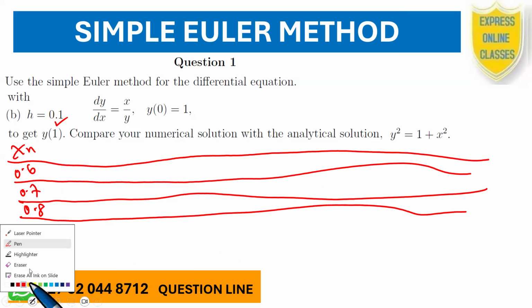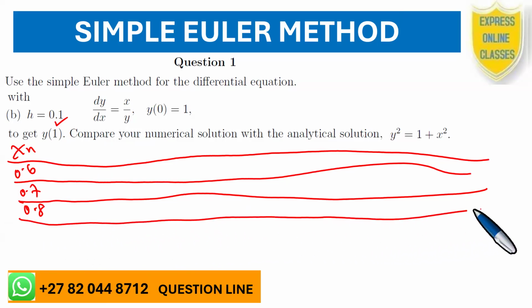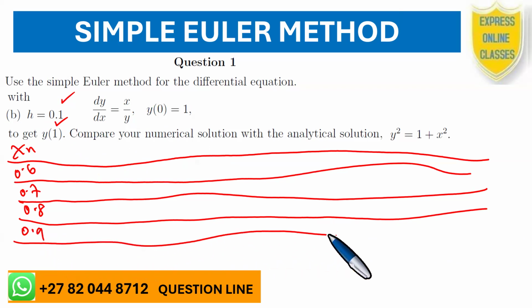See the way we are doing it, we're doing it like this because the step size is so small. h is 0.1, so it's so small. 0.9, 1.0.